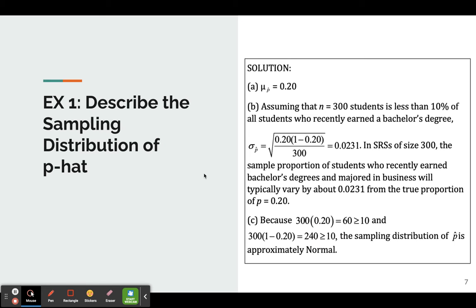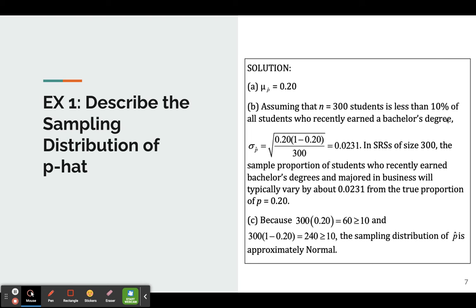And our solution for part A, the mean of the sample proportion: mu of p hat is equal to 0.2. No problem. It's always just equal to p. For B, we're going to find the standard deviation of the sampling distribution. Assuming that n equal to 300 students is less than 10% of all students who recently earned bachelor's degrees.